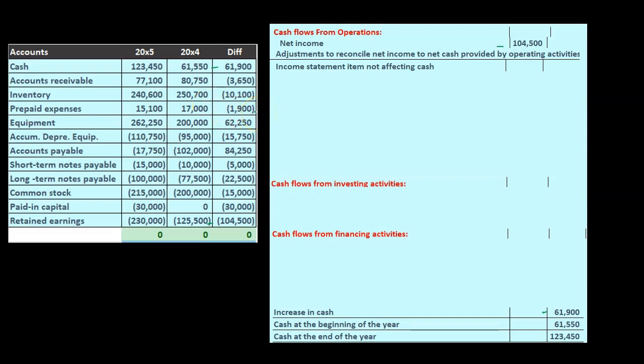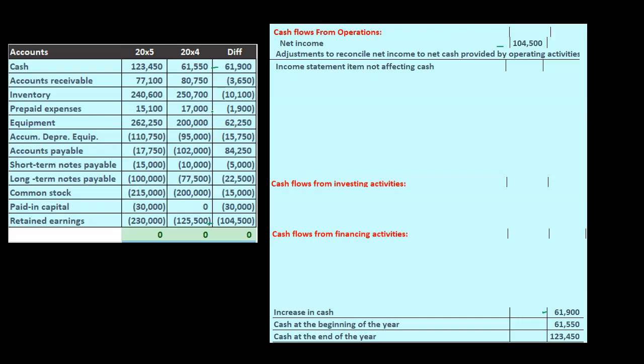Now again, when we do that, we're kind of going away from our normal setup here, which is that we're trying to find a home for all of these items, all of these differences. And if I start going back to the income statement and pulling up information without recognizing how it is related to a change in the balance sheet accounts, then I'm not going to be able to reconcile.